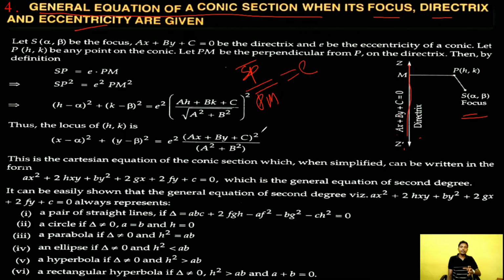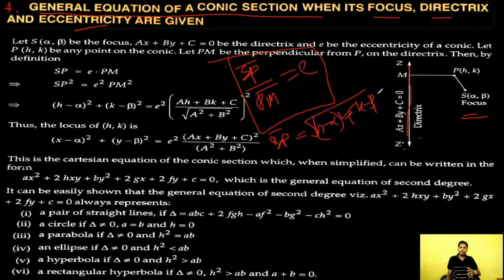e holds. Now SP is the distance from this point P to this point S, and this distance SP is equal to root over of (h minus alpha) square plus (k minus beta) square, and the distance from this point P to this straight line, we know, is mod of (ah plus bk plus c) divided by root over of a square plus b square.